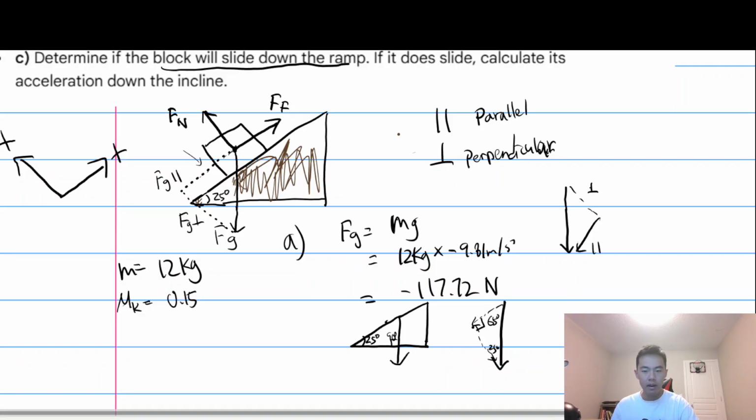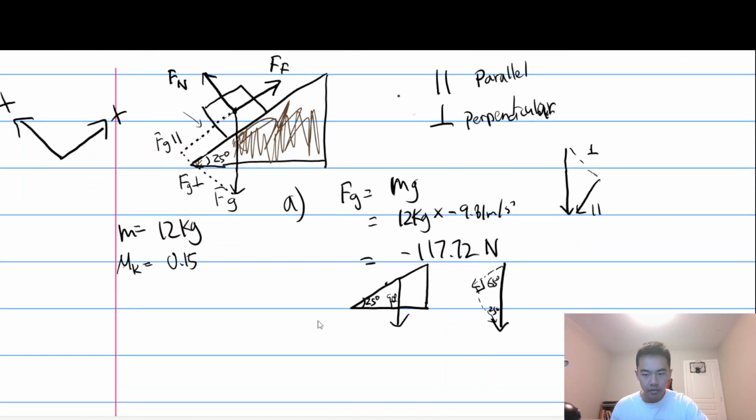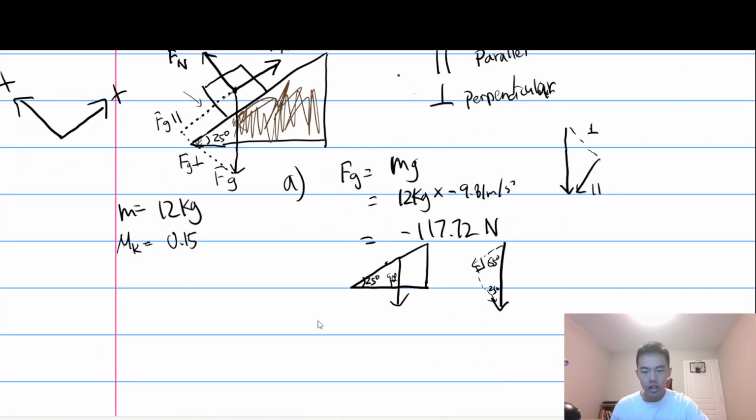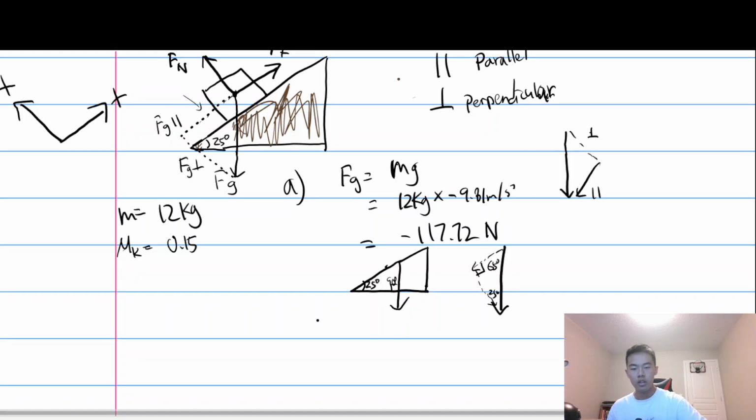It's tomato, tomahto. They both work. And what we're really trying to do is just to calculate each component. So force of gravity parallel would equal, well, we saw that here. Which one's parallel? This one's parallel.